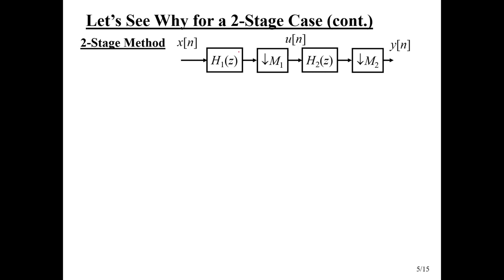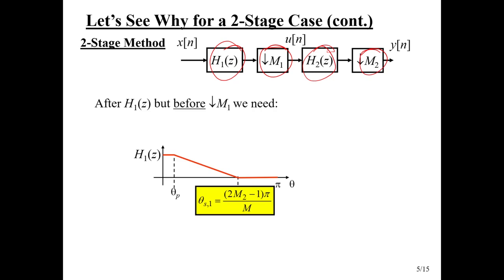So we've got a filter followed by decimation by M1, a second filter followed by decimation by M2. So let's go through and think about what these filters do. So let's look right here after the first filter, but before we downsample. So let's just state that this is what we need here. You'll see that this is bigger than that pi over M1.